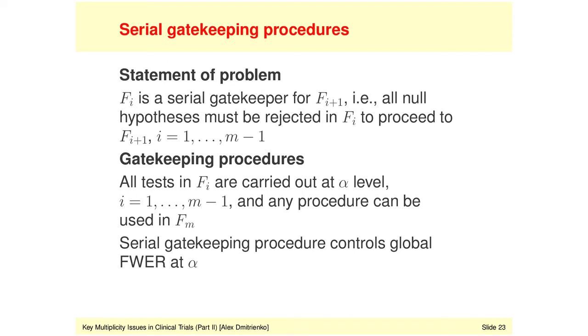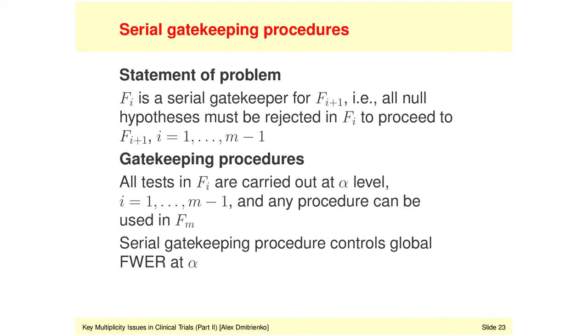In this case, we're going to assume a slightly more general setting where there are m families of hypotheses, and we will assume that the family Fi serves as a serial gatekeeper for the next family in the sequence, which is denoted by Fi+1. Once again, all hypotheses must be rejected within Fi to proceed to the next family in the sequence.